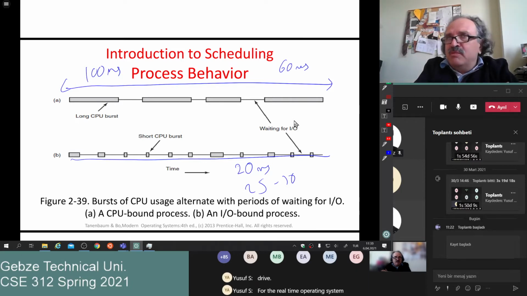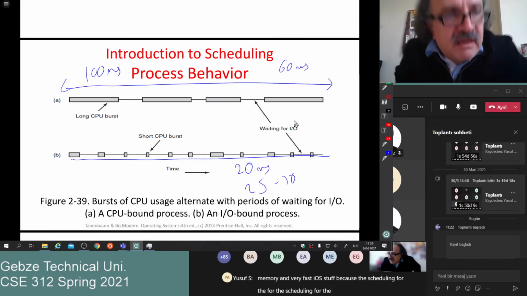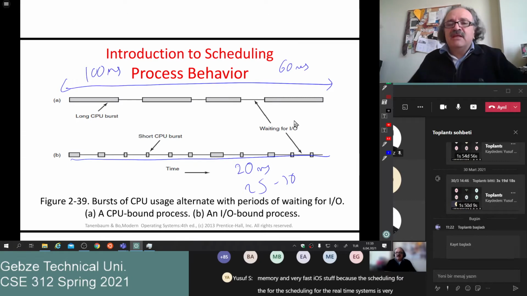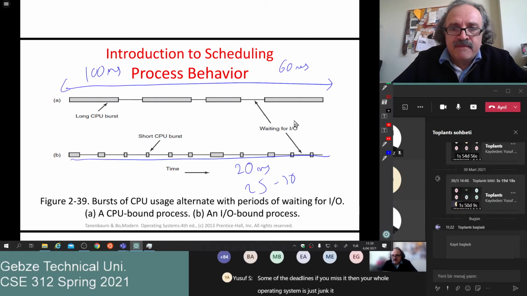So everything has to be done between the CPU and the memory, and very fast I/O stuff, because the scheduling for real-time systems is very strict. You cannot miss some of the deadlines. If you miss it, then your whole operating system is just junk. It is not useful. That's why their scheduling policies are very, very fixed.